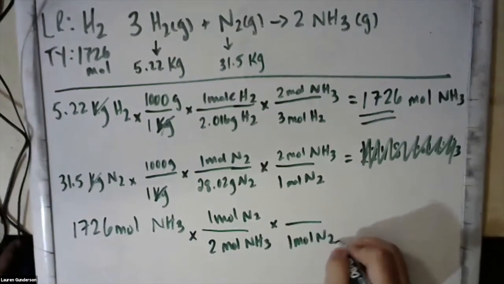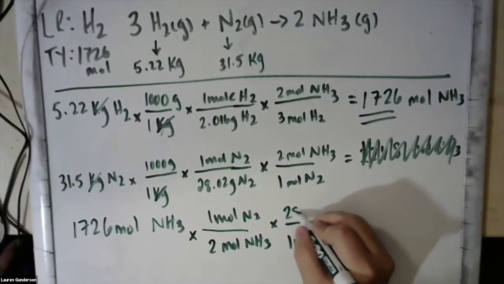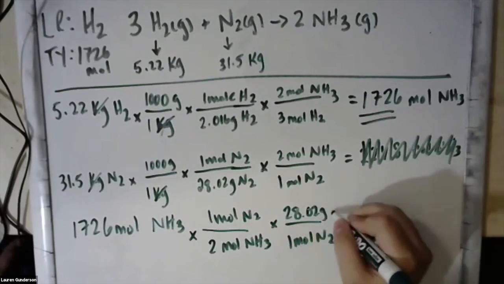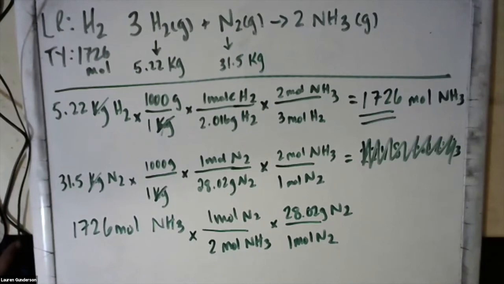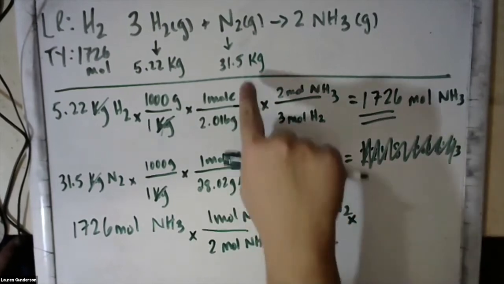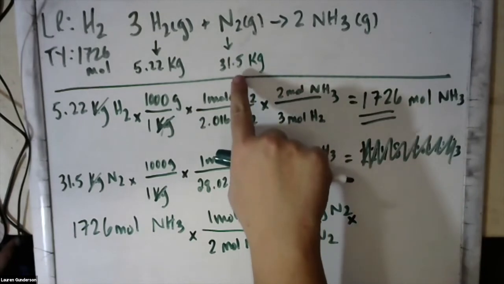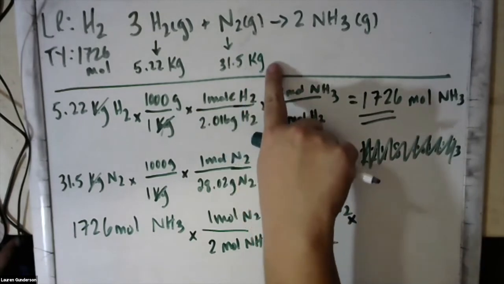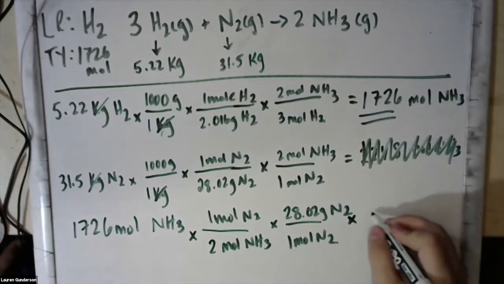In 1 mole of nitrogen gas, there are 28.02 grams. And I'm going to go one step further and convert this into kilograms because my initial mass of nitrogen gas is in kilograms, and I would like my units to match so I can do my subtraction.